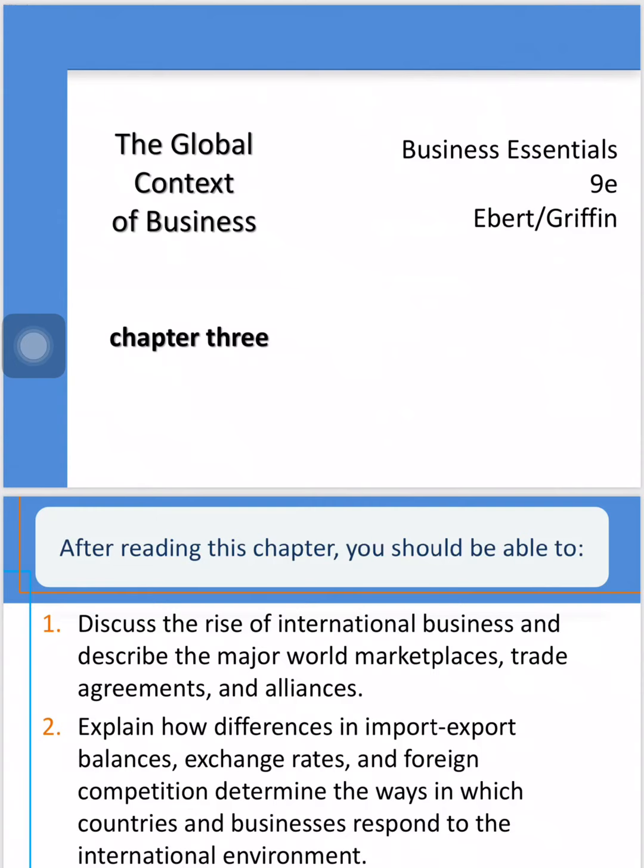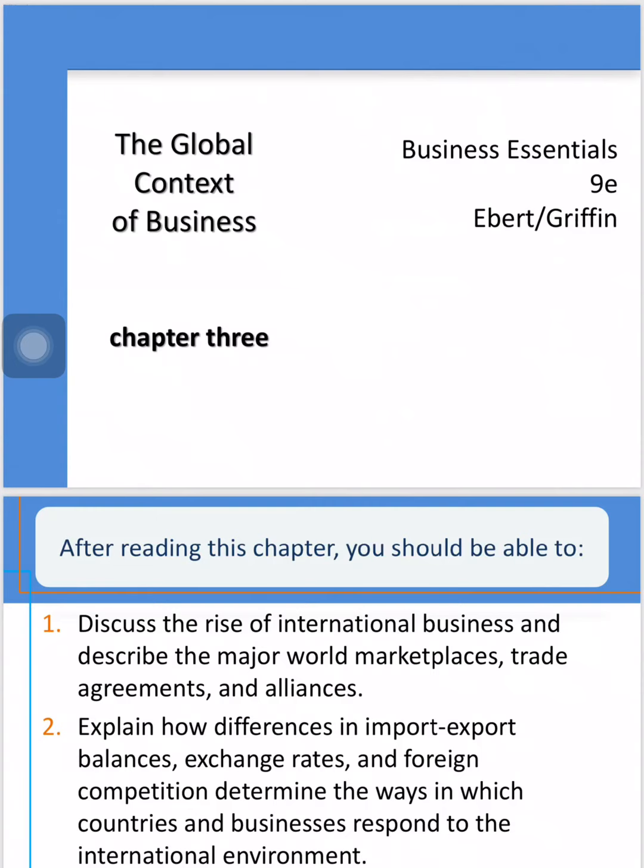We will also discuss how the difference between import and export, exchange rates, and foreign competition determine the ways in which countries and businesses respond in the international environment, and also the factors involved in deciding to do business internationally: selecting the appropriate level of international involvement and the international organizational structure.